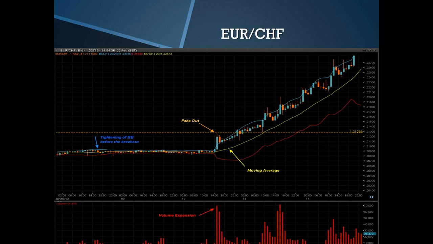Here is the Euro CHF before it broke out by 1,000 pips. Something quite amazing. For a few months, and some would say a year now, the Euro CHF was on a very, very stable market, meaning that it wouldn't go up or down. As you can see here, I put it on 1 hour because this is a long-term investment.